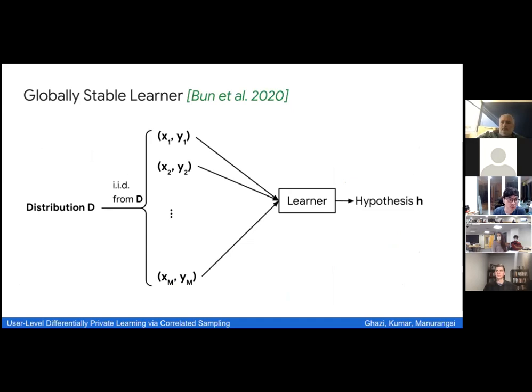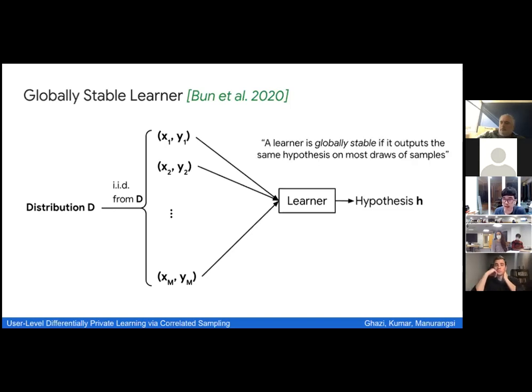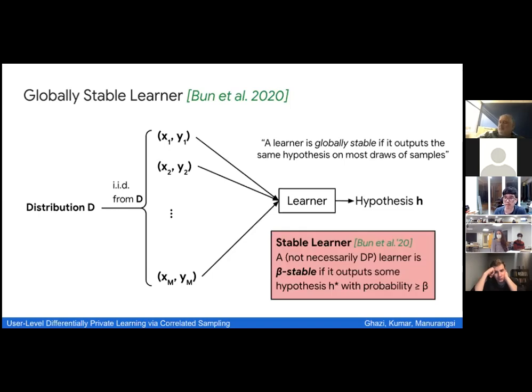A crucial notion that we'll be using here is the notion of a globally stable learner, which for most of this talk I'm just going to call a stable learner for brevity. What does a stable learner mean? A learner is stable if, when you fix the distribution D, then on most draws of these m examples, you output the same hypothesis. More precisely, a learner is beta stable if there is a hypothesis H star that is output with probability at least beta.